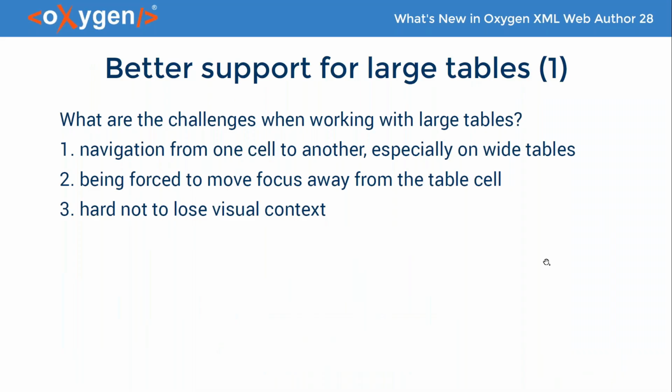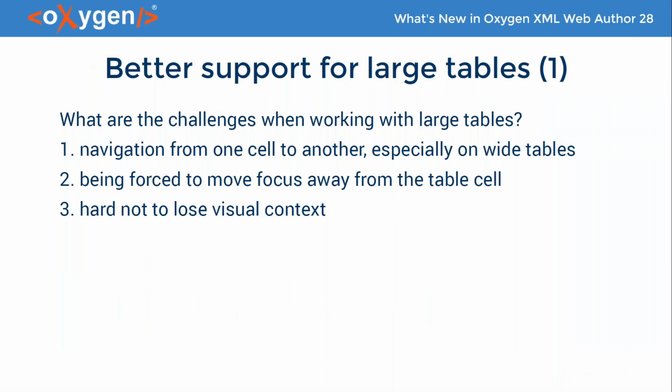Okay, so we improved the support for large tables, but first, what are the general challenges when working with large tables? Well, I think the main problem is that it's hard to go from one cell to another cell inside a large table, especially if the table is wide.